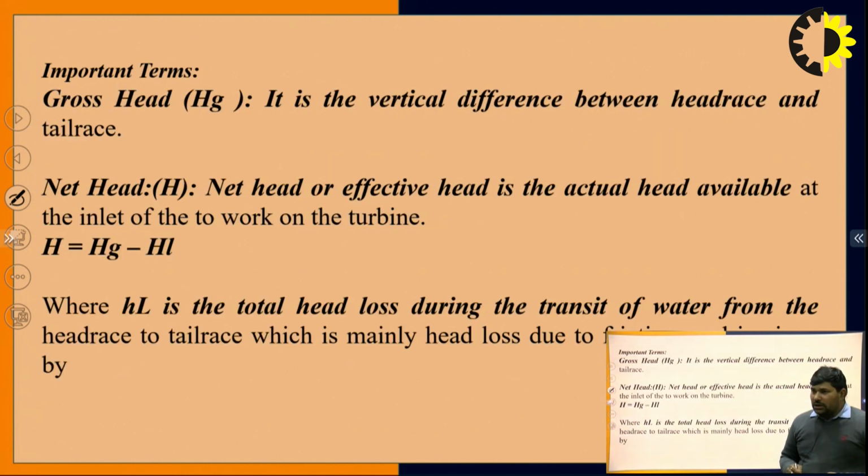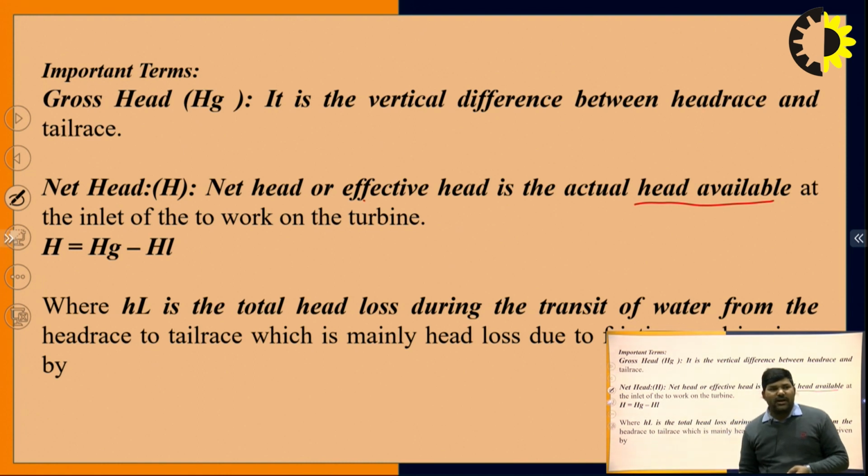Now the important terms. One is the gross head, which is the vertical difference between the head race and the tail race. The net head, or effective head, is the actual head available at the inlet to work on the turbine, denoted by capital H, where H equals Hg, the gross head, minus the total losses.